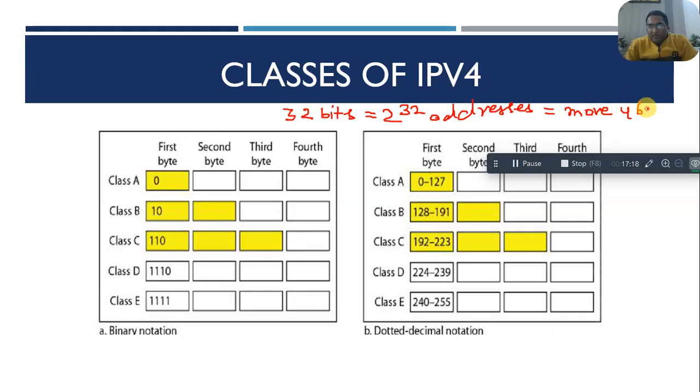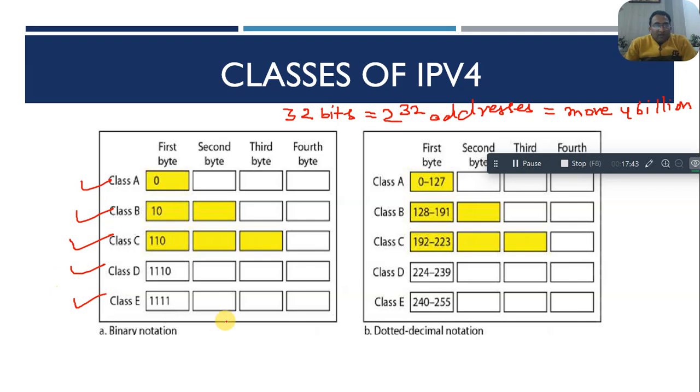All these addresses have been divided into classes. There are a total of 5 classes: class A, class B, class C, class D and class E. How will we identify which IP address belongs to class A, class B, class C, class D and class E?